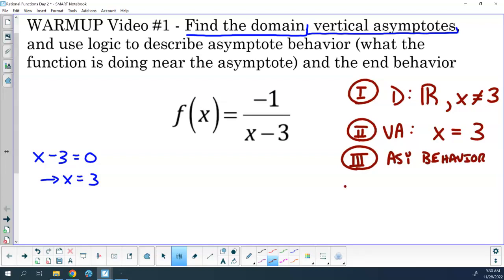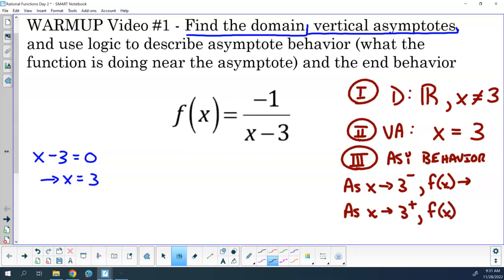So I'm going to have, as x approaches 3 from the left, what is my function doing? And as x approaches 3 from the right, what is my function doing?